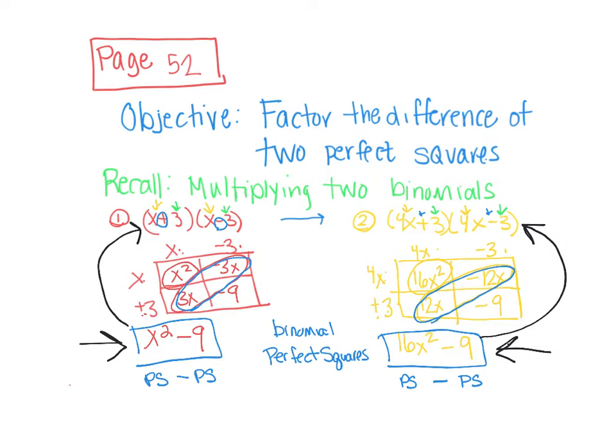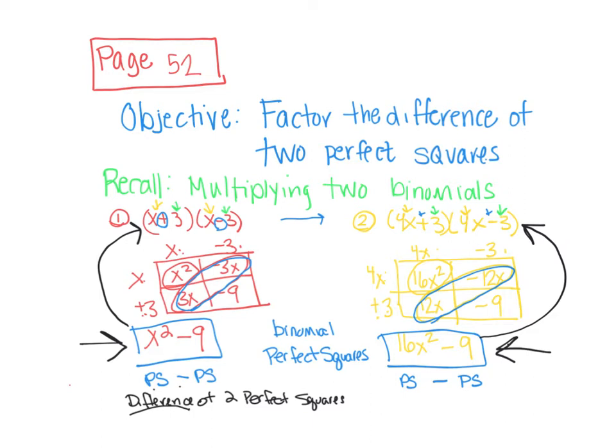You can see why this is called a difference of two perfect squares. Because it's exactly what the wording means. Difference is subtraction sign of two perfect squares. Perfect square, subtraction sign, perfect square.